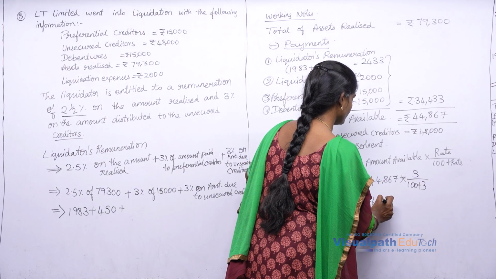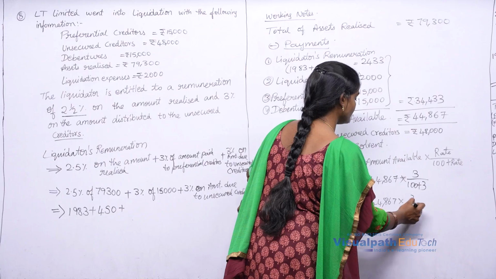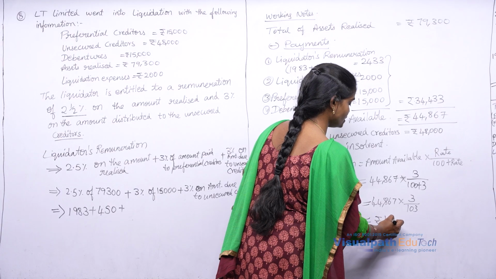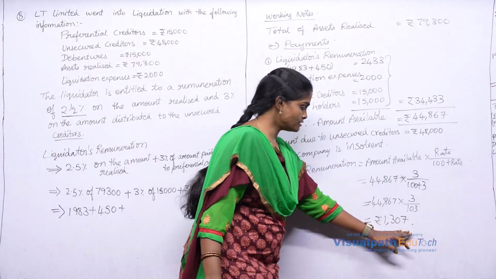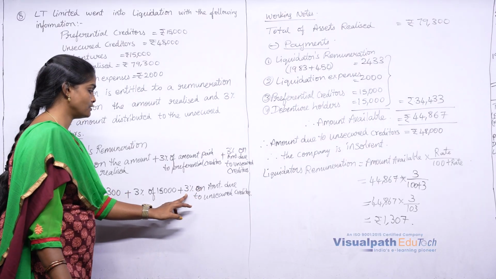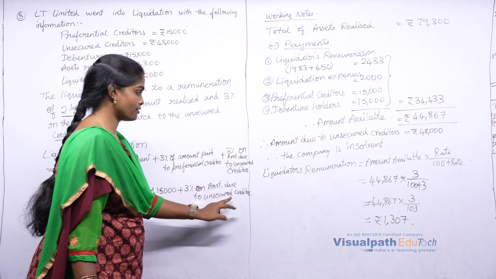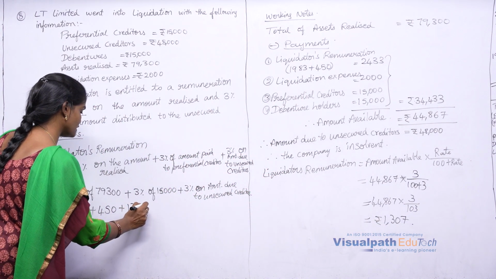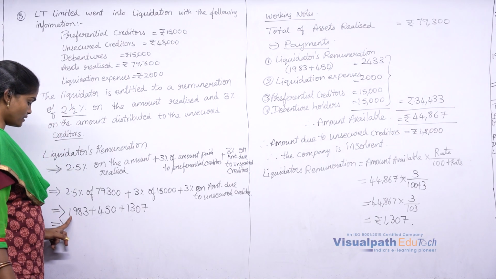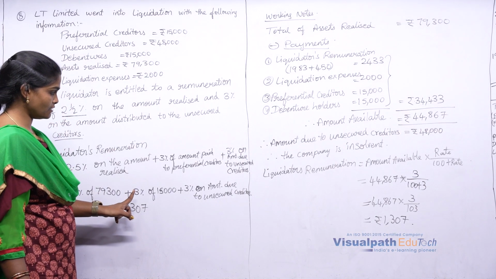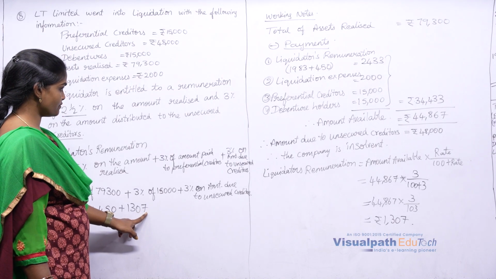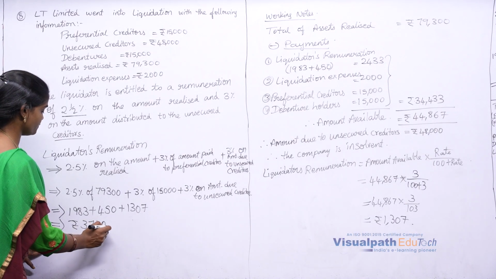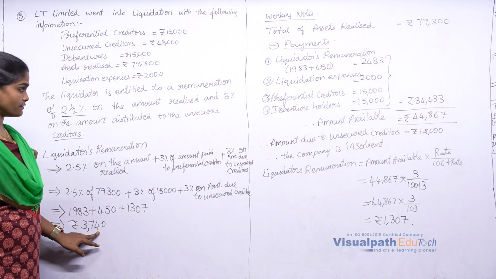Now 44,867 into 3 by 103. So if we calculate, we get rupees 1,307. So this we will include here. So 3% on amount due to unsecured creditors is 1,307. So how much do we get? 1,983 plus 450 plus 1,307. How much do we get? We get 3,740. Liquidator's remuneration is 3,740.